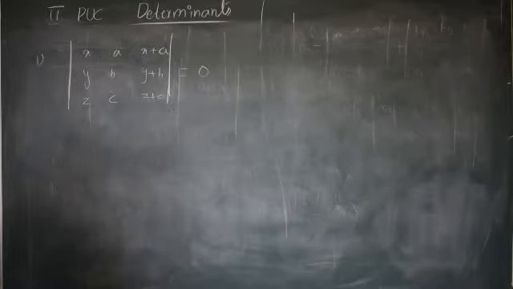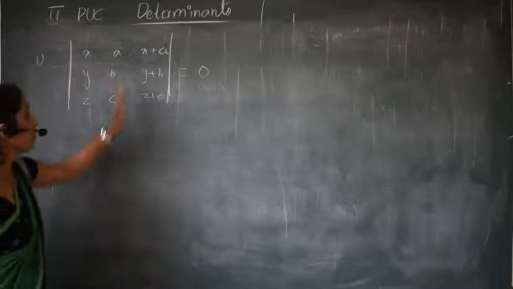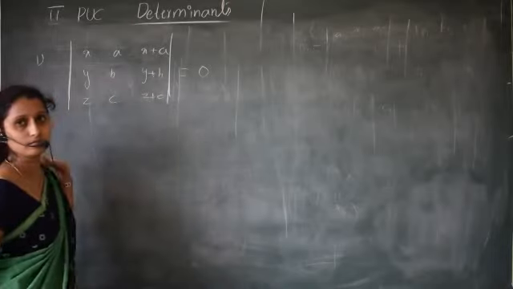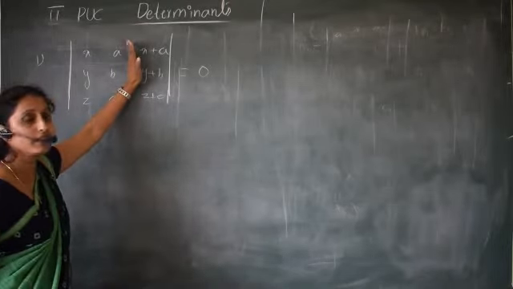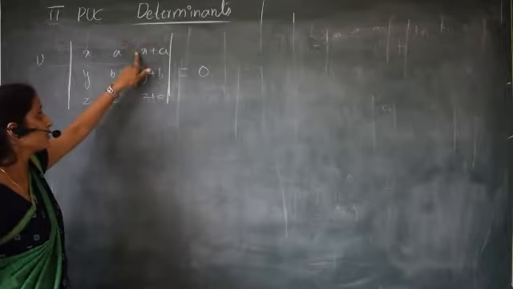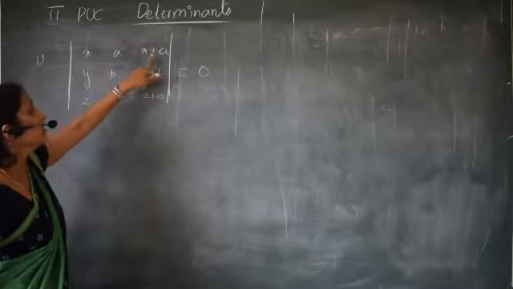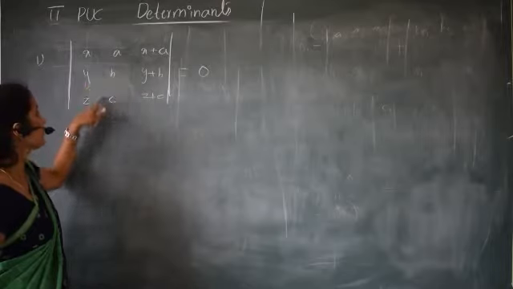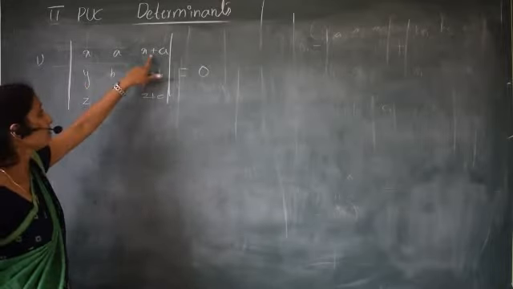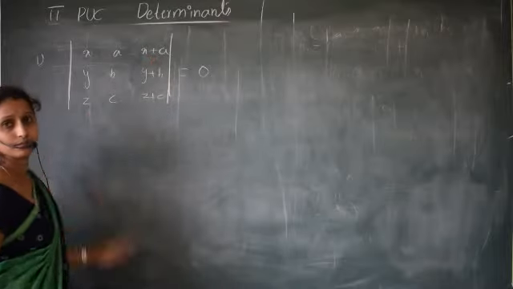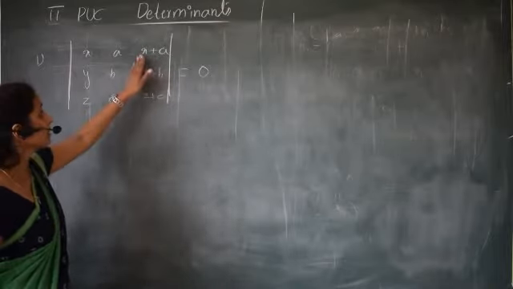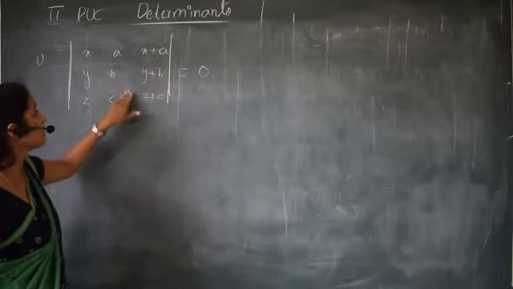So what I'll do is, I'll change this C3. How will I change this C3? C3 can be changed. We can use either C1 or C2. So C3 changes to C3 minus C1, or C3 changes to C3 minus C2.